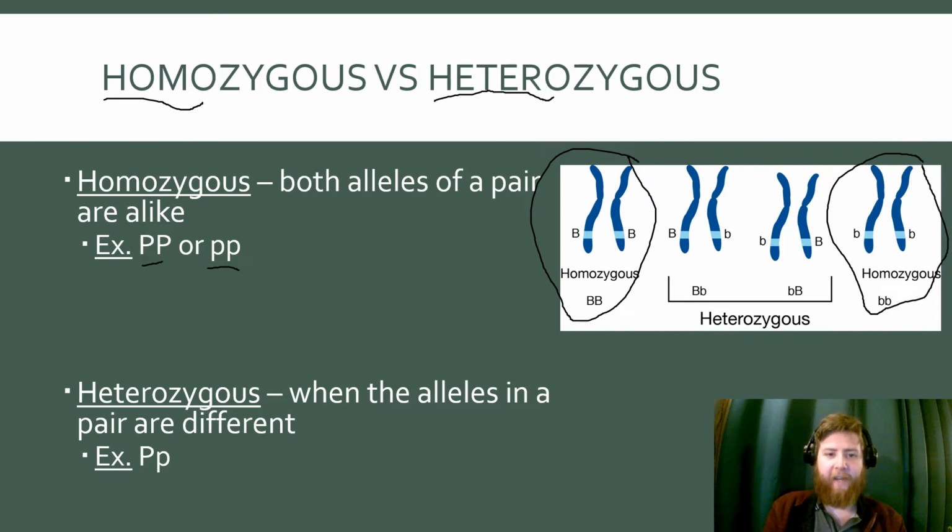And then heterozygous is when the alleles in a pair are different, in this example, big P, little p. Or this heterozygous one here. So they have different alleles on their chromosomes. They're heterozygous. If they have the same, they're homozygous.